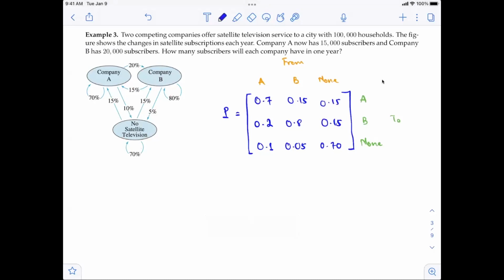So all of this information can be put into something called the initial state matrix. The initial state matrix represents the portion of the total population in the three states.